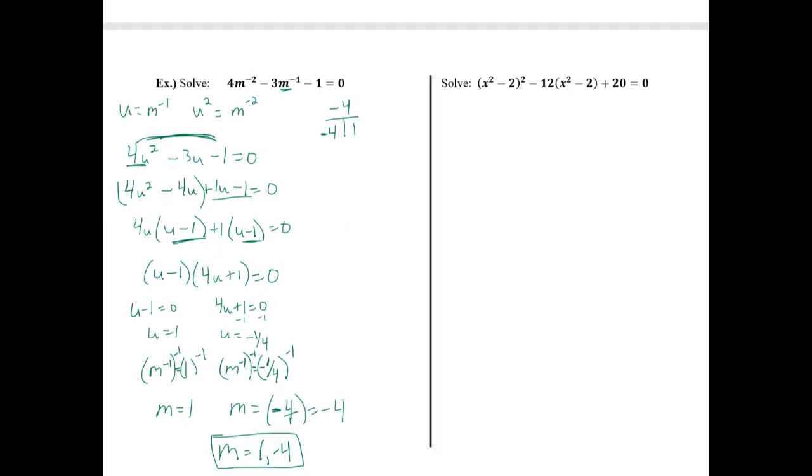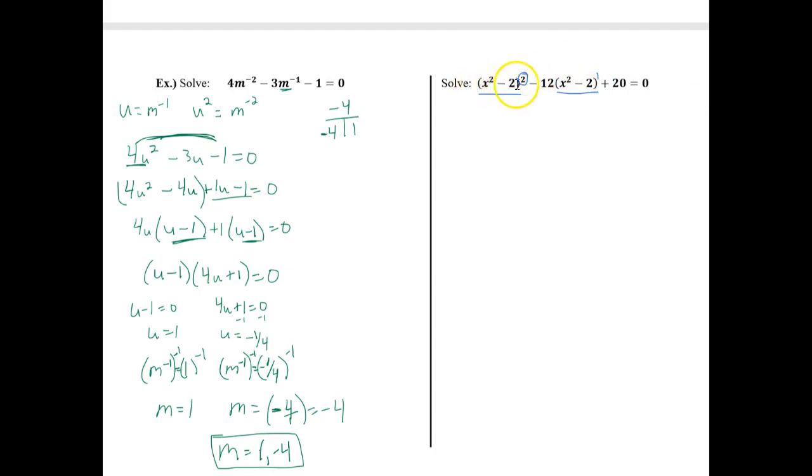Alright, let's see how you did. So looking at this example, we can see we have this whole quantity being squared. And then that same exact quantity is to the first power. So again, the middle term is half of the degree of that leading term here.